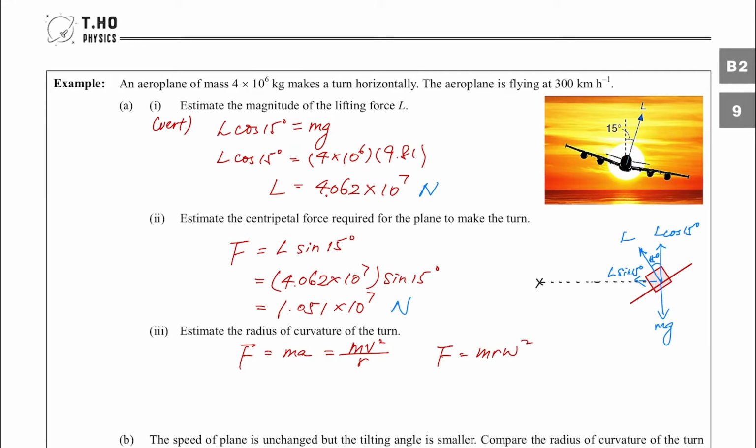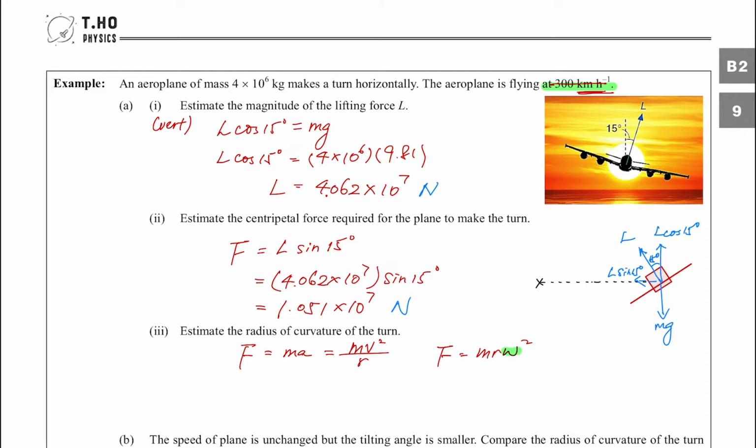Here, we do not use the version mr omega squared because omega, the angular speed, is unknown. However, we have got the linear speed. How do you know that this is the linear speed?